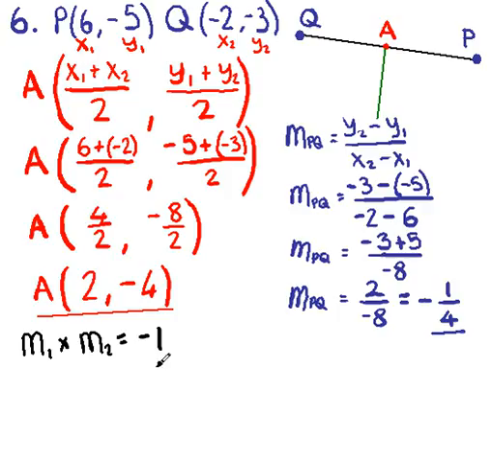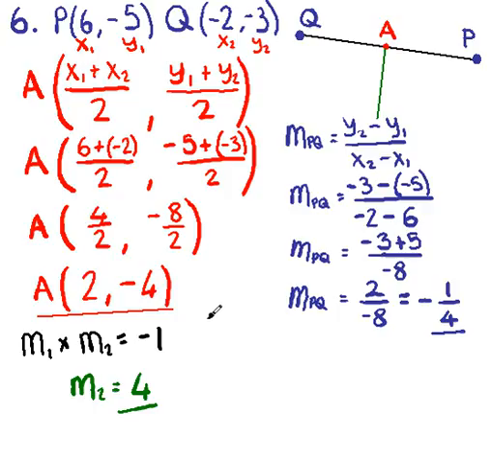Using our formula m1 times m2 equals minus 1, the gradient of the green line, m2, is found by turning this one upside down and changing the sign. It was negative, so our answer is positive. A quarter inverted gives us 4 over 1, which is 4. So the gradient of the line that we're looking for is 4.